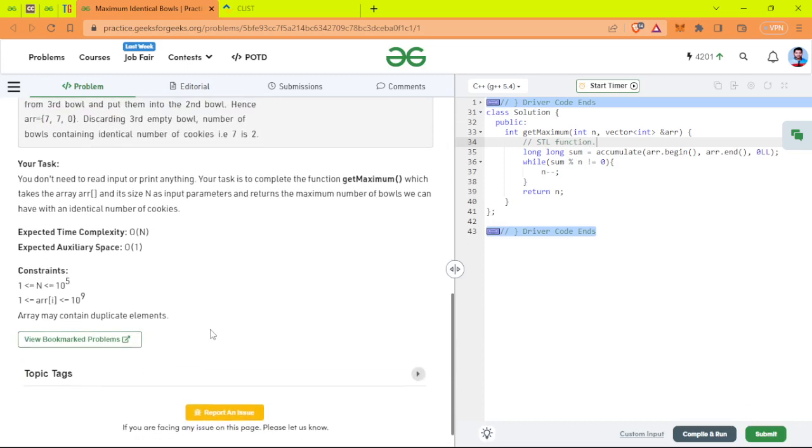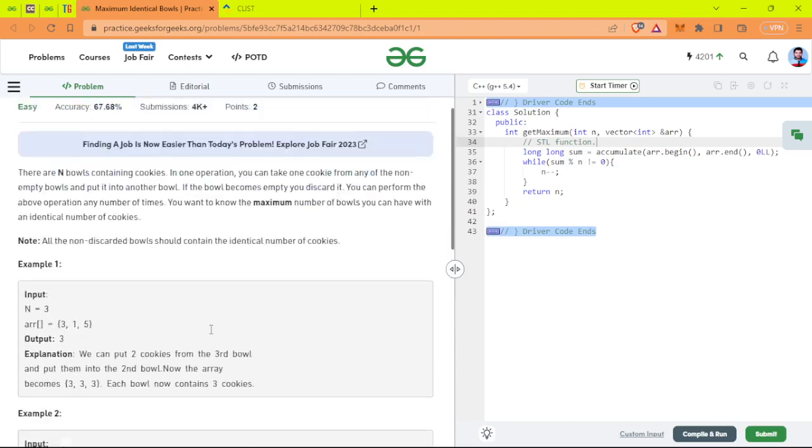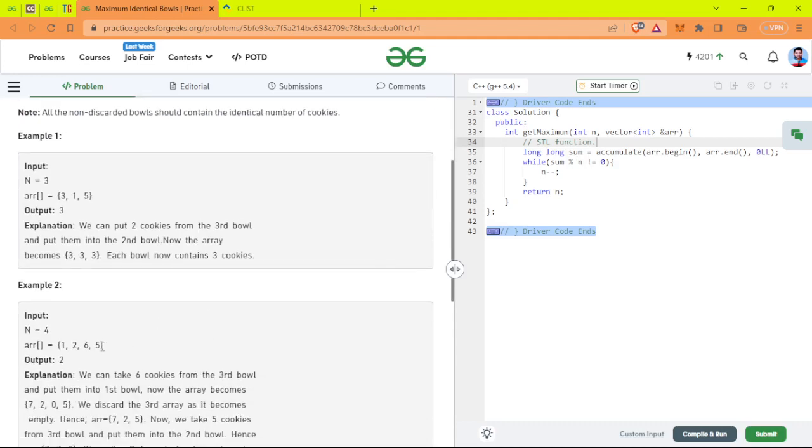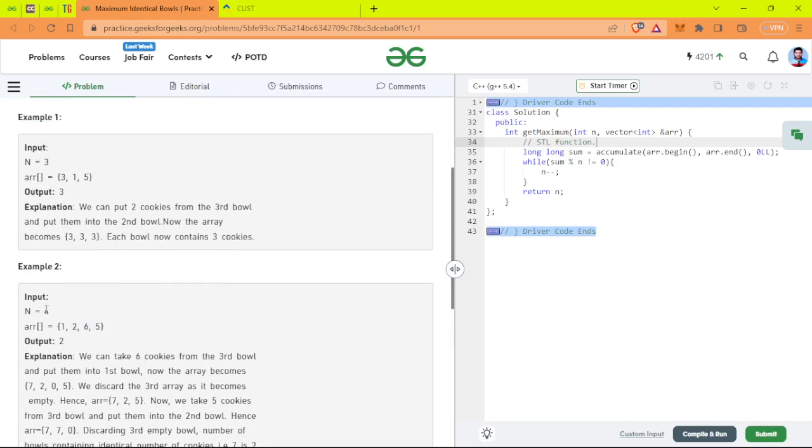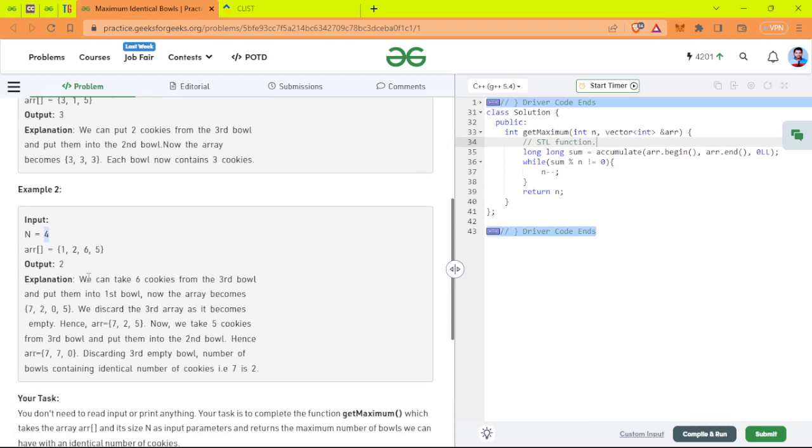I hope you get the idea of how to solve this problem. Basically we need to find the sum of all the elements, and then we need to check the maximum number which can divide the sum, right? Because here the sum is 14 and the maximum number which can divide the sum is 2. And we will start from 4 actually, because 7 can also divide, but we are not having 7 balls. We are only having 4 balls, and we can decrement the number of balls.